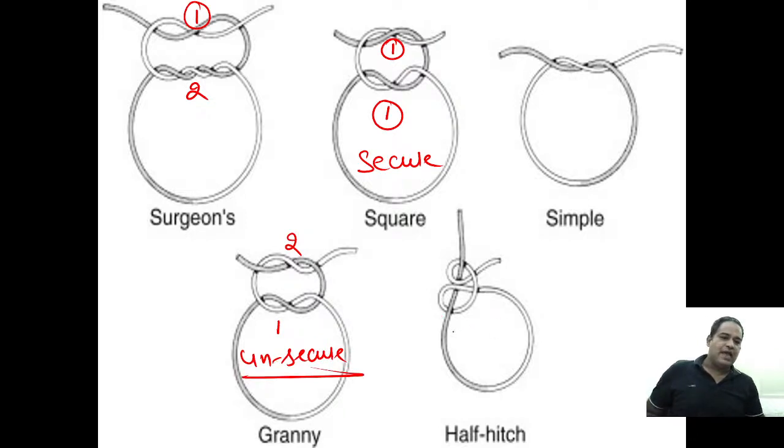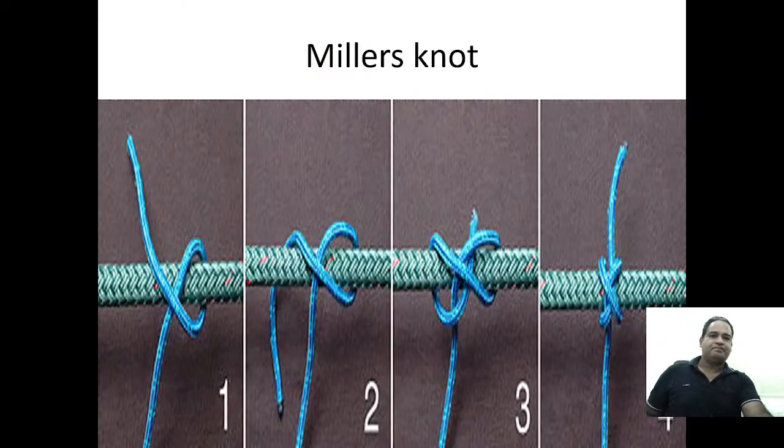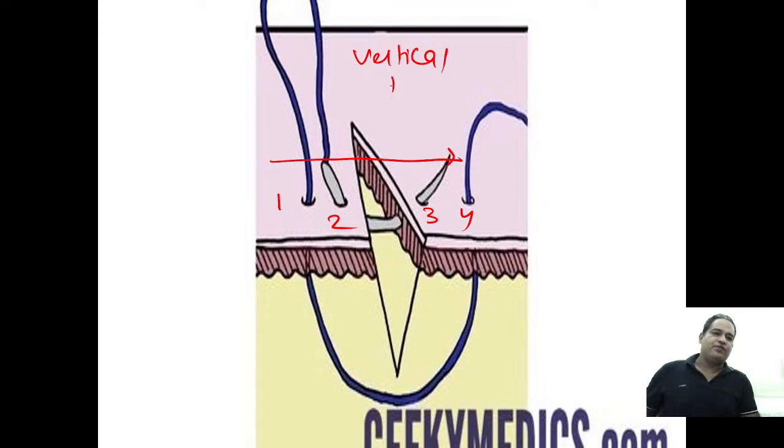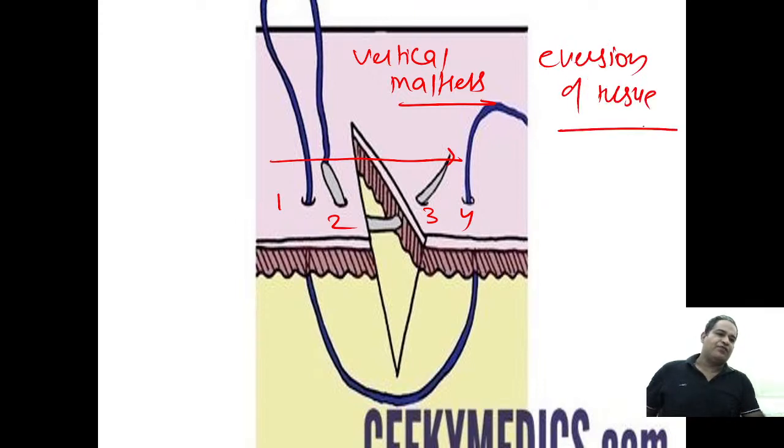Half hitch is a ligating knot. So this first, second, third, fourth, they are all in one straight line, so this is a vertical mattress, used for eversion of the tissue.